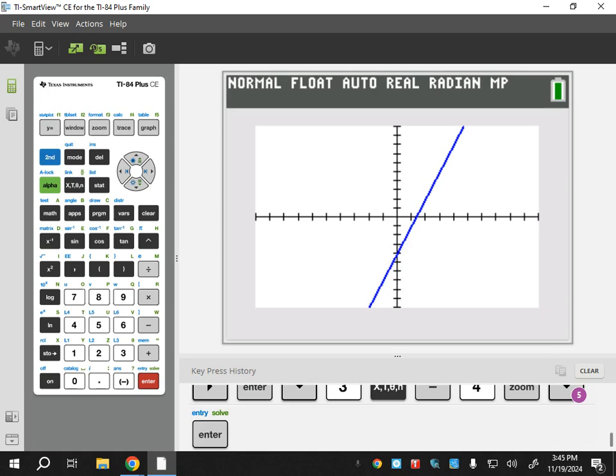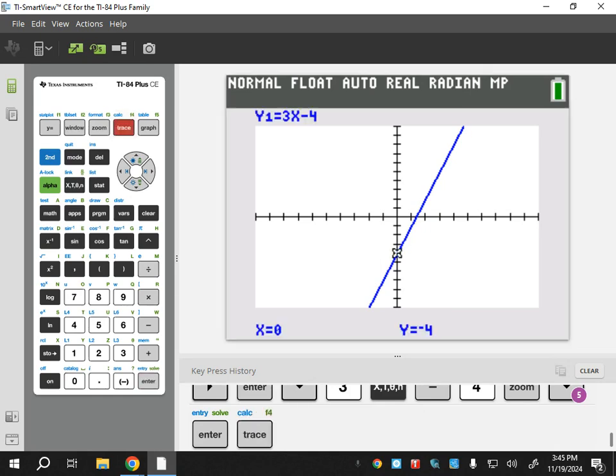If we want to find any specified points, we can use the trace feature, which is up here in gray. If I push the trace button, I get a flashing cursor, and I can see our point: when x is 0, y is -4. As I tap back and forth, it's moving up and down our line, so I can find the different coordinates on the line.